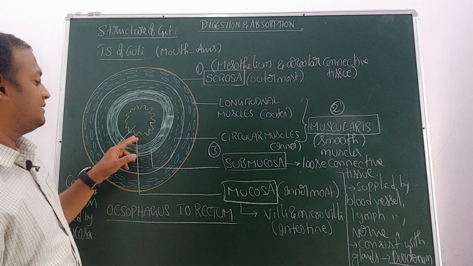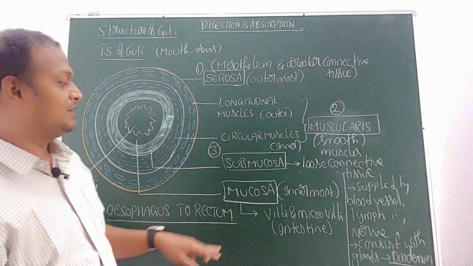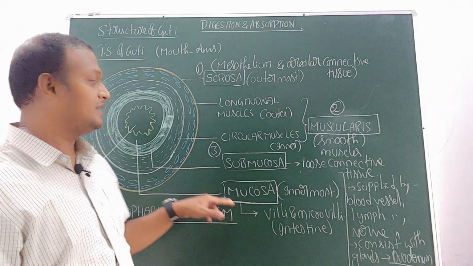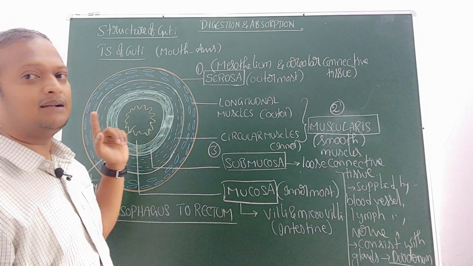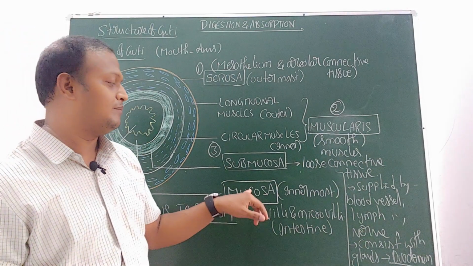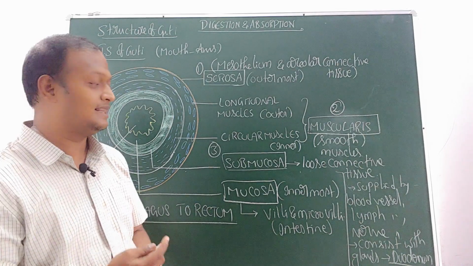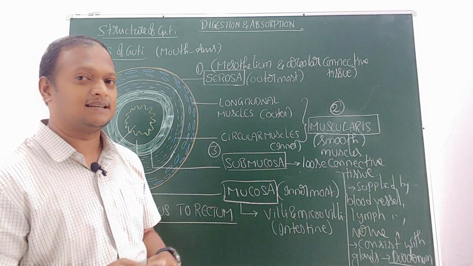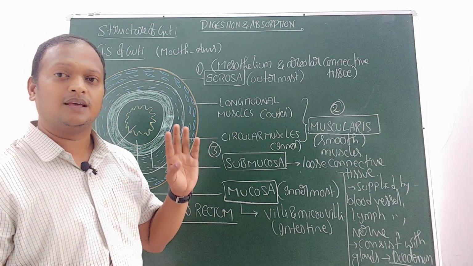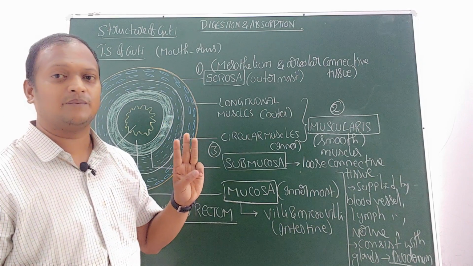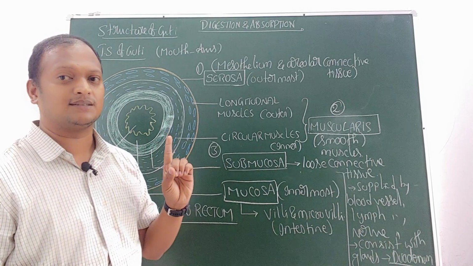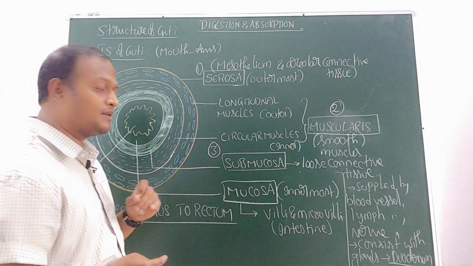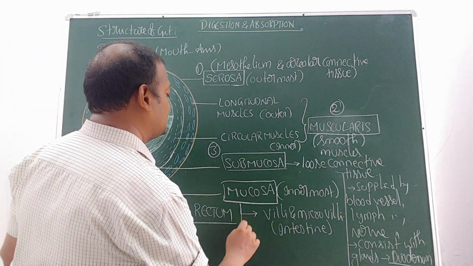The next one, the mucosa, the innermost layer. The cavity, the lumen, is lined by mucosa, and the mucosa is made up of epithelial tissue, connective tissue, and smooth muscles. That point you need to mention here.